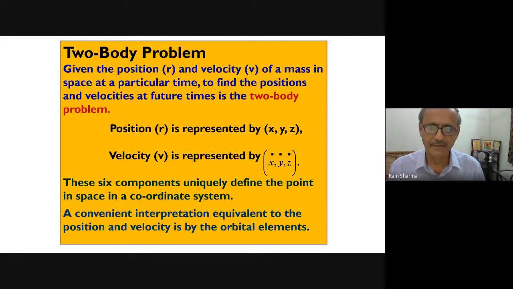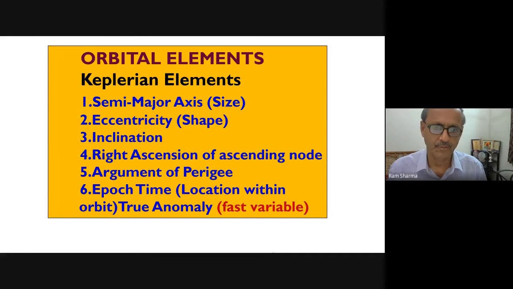And a convenient interpretation equivalent to the position and velocity is by the orbital elements that we'll see. Because we'll see why we need the other coordinate system. Now the 6 orbital elements are the semi-major axis, eccentricity, inclination, right ascension of ascending node, argument of perigee, and the epoch time.